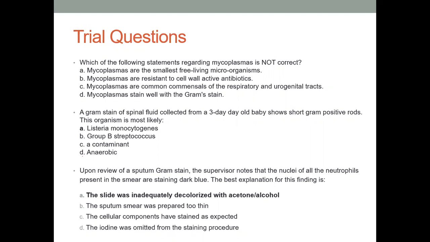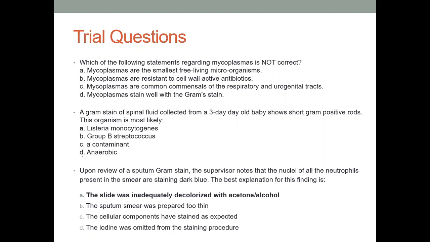If you have beta hemolytic strep, which groups are you considering? Streptococcus pyogenes. Okay, what group is that? Group B. No. Strep pyogenes is group A.